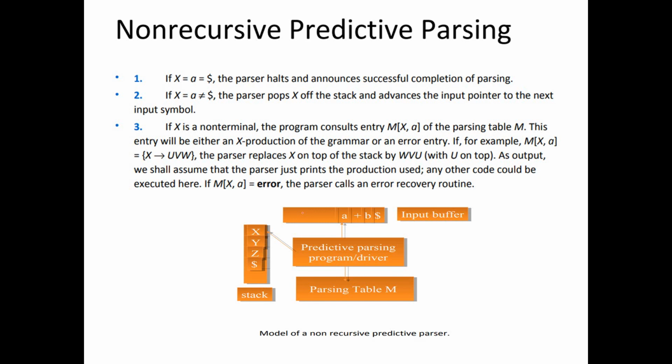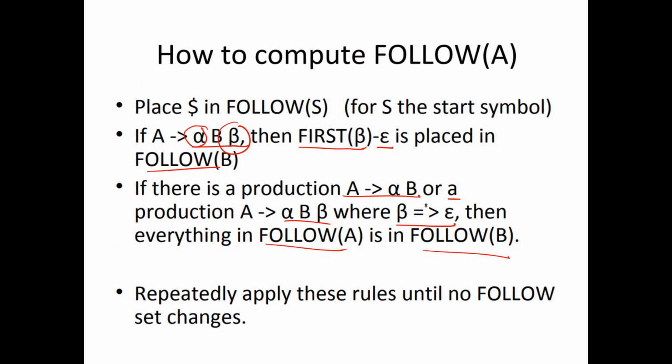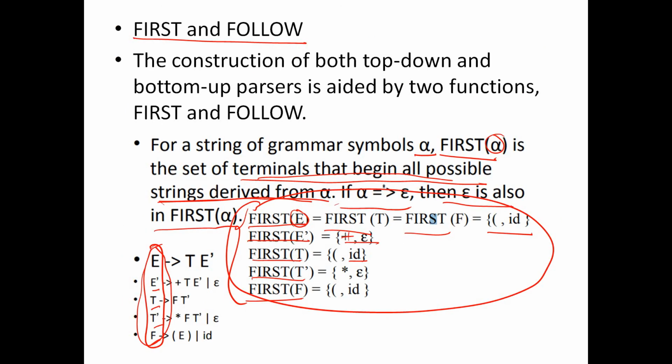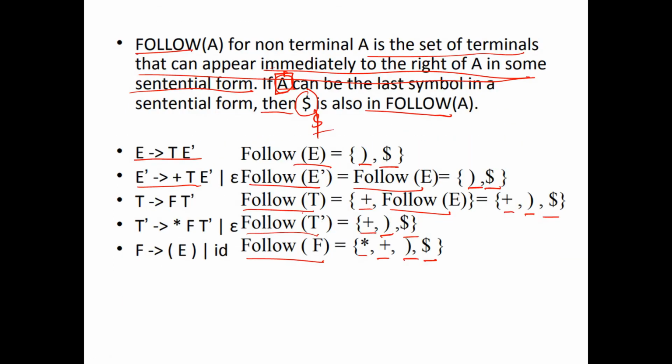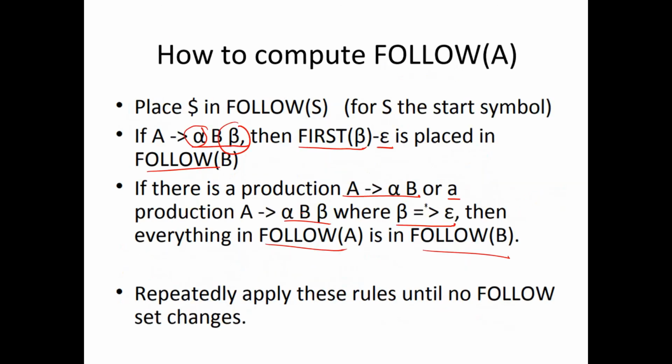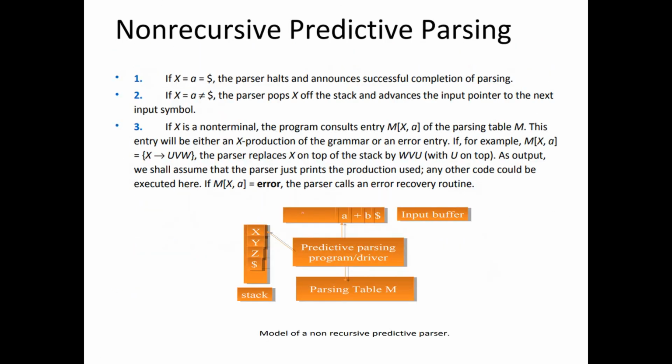Next we have non-recursive predictive parsing. Earlier we worked with recursive predictive parsing, with which we constructed the top-down parse tree. Now we can work with non-recursive, meaning without any recursion. Here we use these statements.